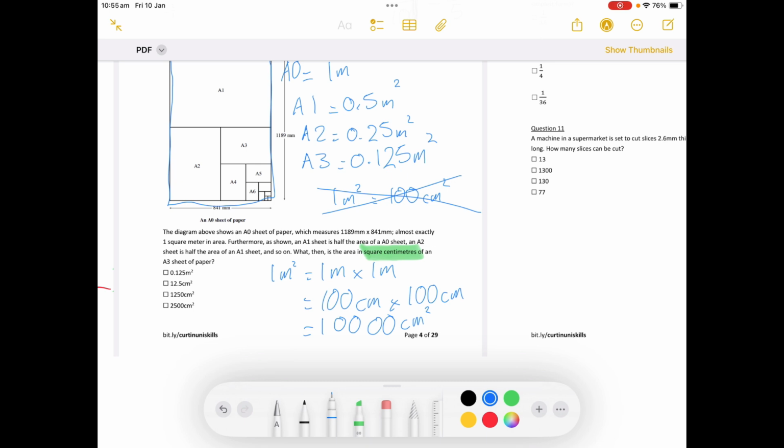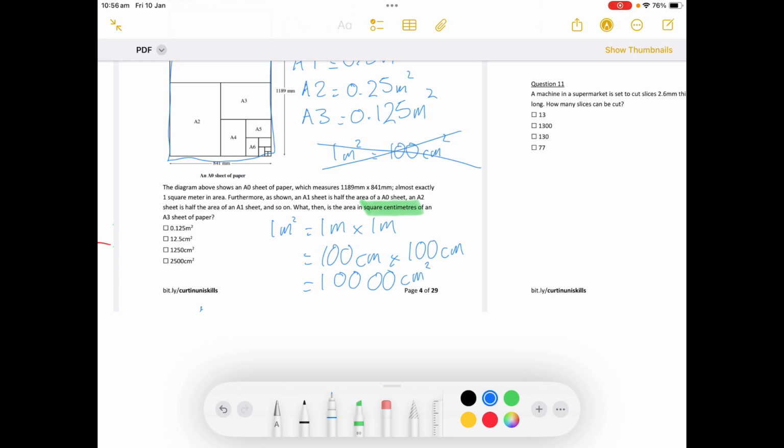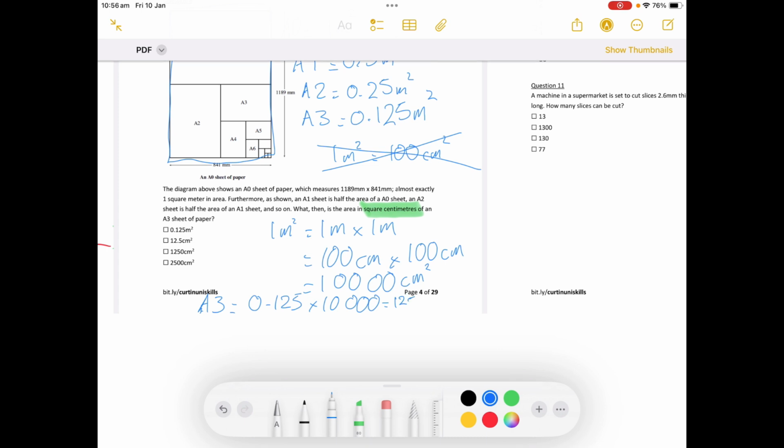Okay, so if my A3 sheet of paper is 0.125 meters squared, then to work out the area in centimeters squared, I'm going to take this number, 0.125, and times it by 10,000, and that will give me my answer. You can enter this bit in your calculator. 1,250 centimeters squared. So this one here is our answer.